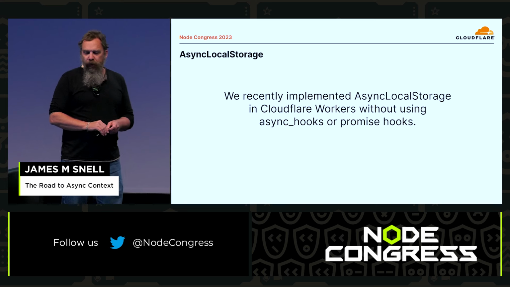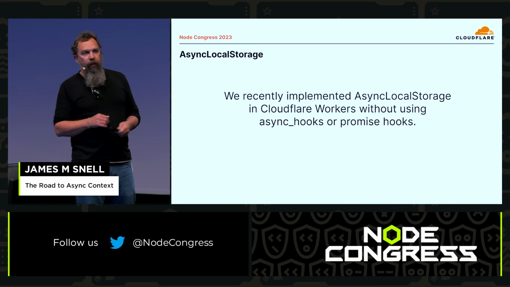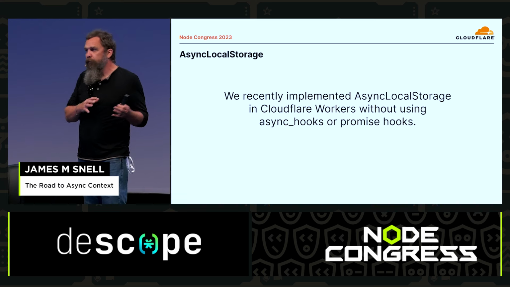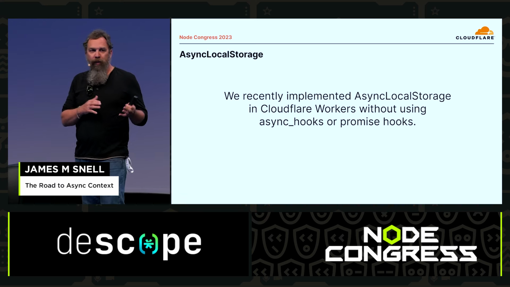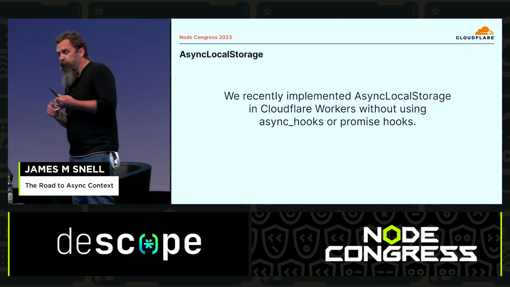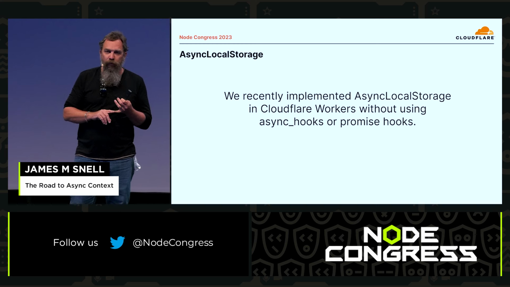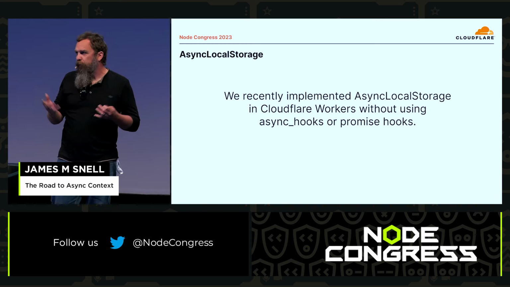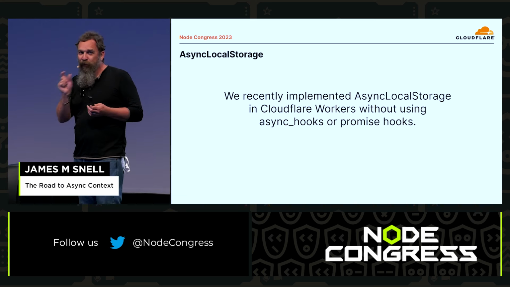So we recently implemented async local storage in Cloudflare Workers. This is a fun thing. It's not going to be full Node compatibility in Workers, but we will have things like node:net and node:crypto, and a lot of these things. We are using the node specifier there.